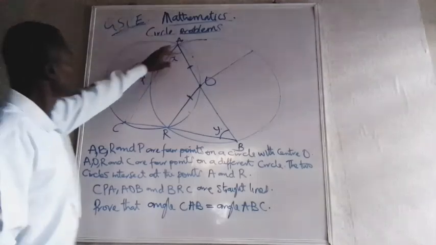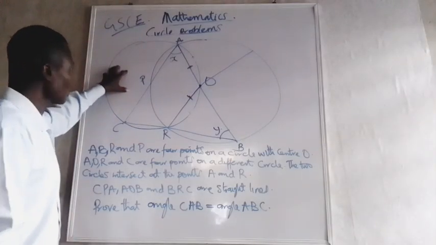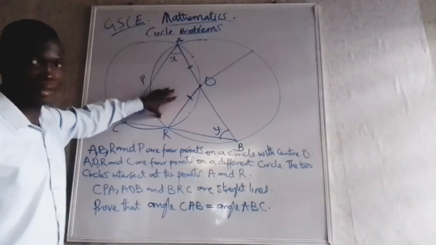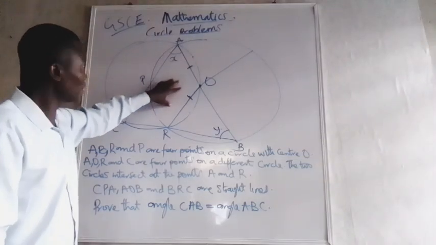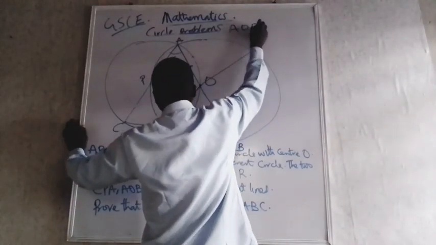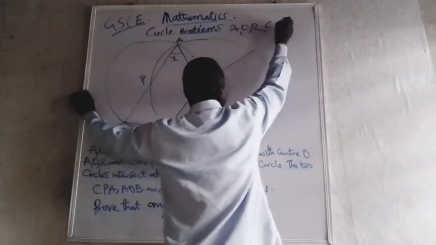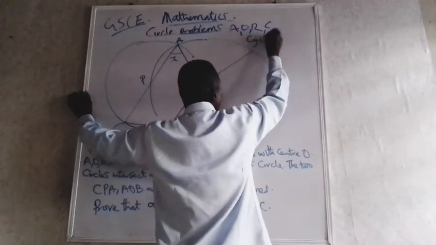But this point and this point, they are on this other circle here. And if you look at it, we have a cyclic quadrilateral here now. So A, O, R, C is a cyclic quadrilateral.